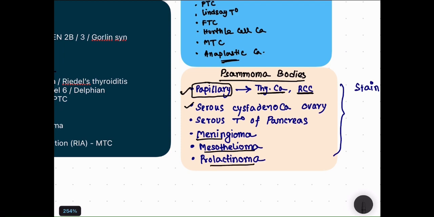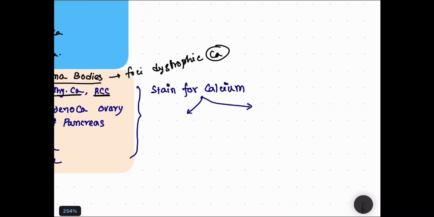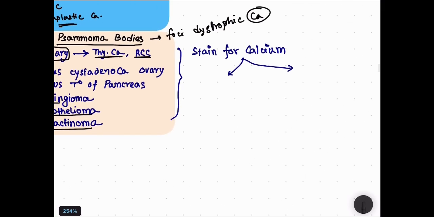Please remember these: papillary thyroid cancer, papillary variant of renal cell carcinoma and serous cystadenocarcinoma of ovary. What is this Psammoma body? This is nothing but foci of dystrophic calcification. So what are the stains of calcium? We have already discussed. One is known as von Kossa stain, another is alizarin red S.